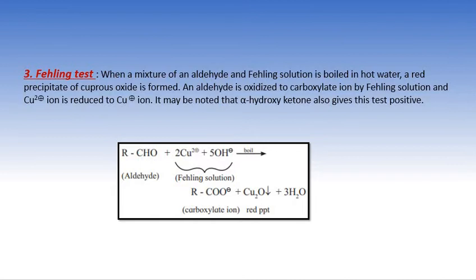It may be noted that alpha hydroxy ketones will also give a positive test. This is the reaction where you have taken a compound having an aldehyde group and heated it with Fehling solutions A and B. What will happen? The aldehyde will be oxidized into the carboxylate ion and you will get a red precipitate, which will confirm the presence of the aldehyde group in a given compound.